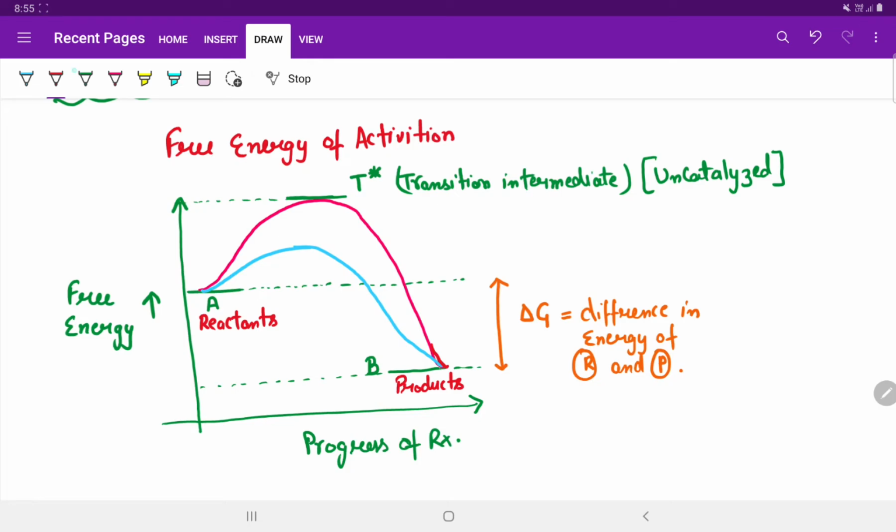So, here we can see that this gap is associated with the free energy of activation in a catalyzed reaction.